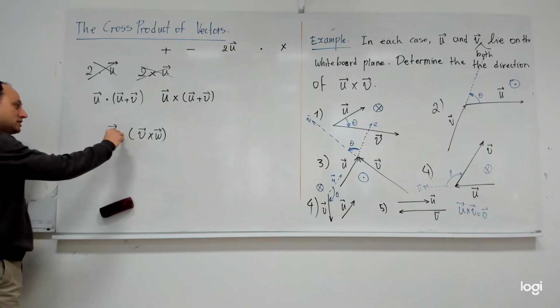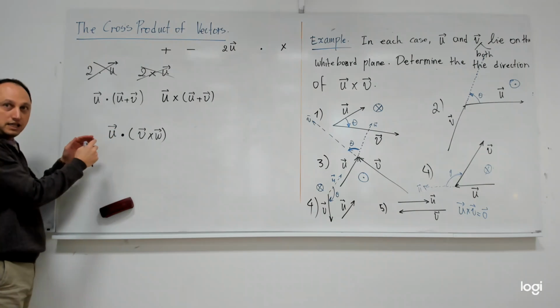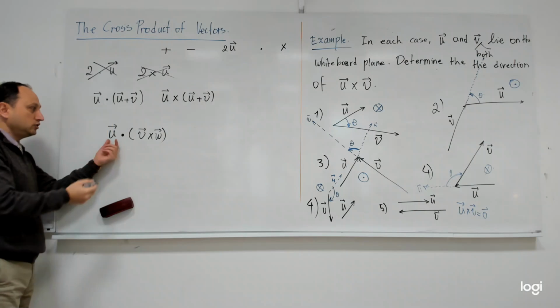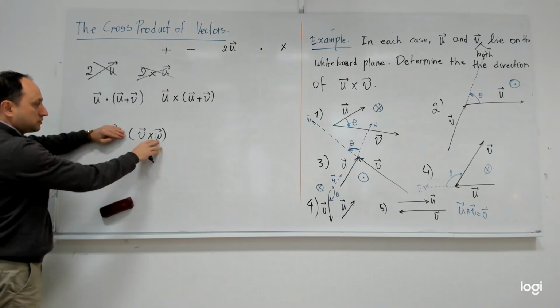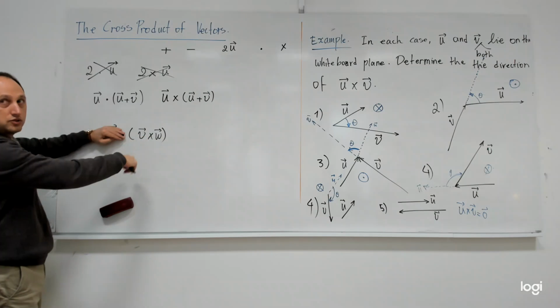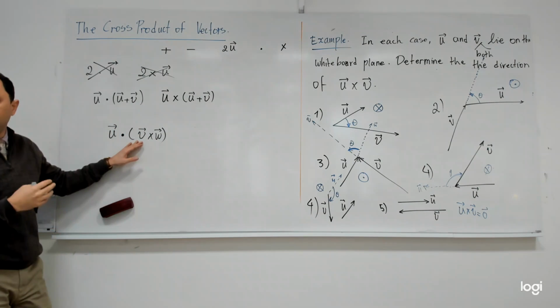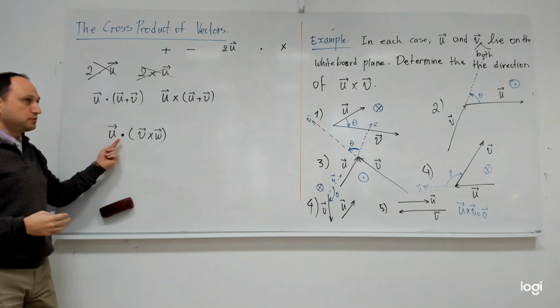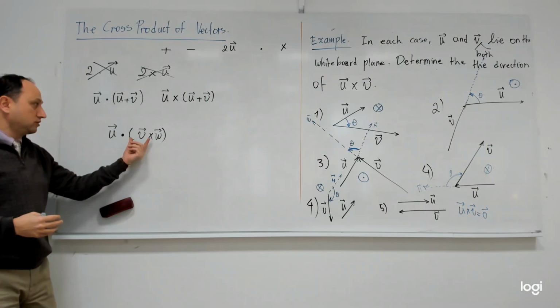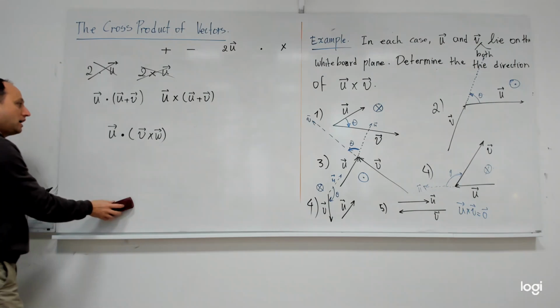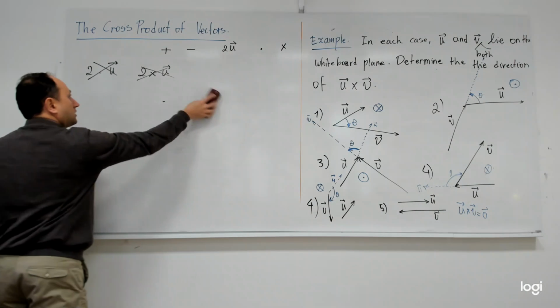Because this dot is supposed to sit between two vectors. The left hand side is vector u, the right hand side is a cross product of two vectors, but we learned today the outcome is still a vector. So it is completely meaningful to ask what is the dot product of this vector with the cross product of these two vectors, yes?